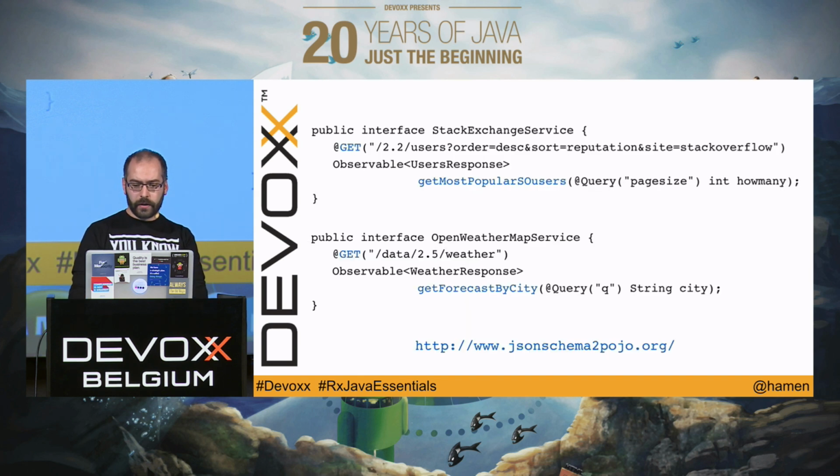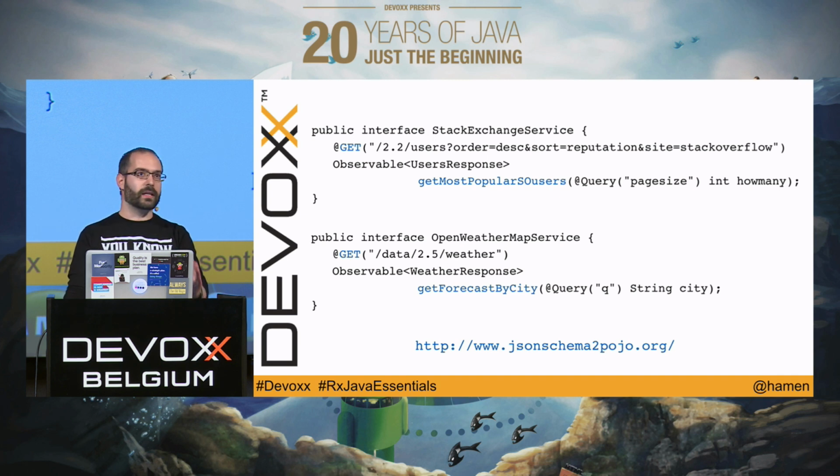So we have 2 interfaces that map the REST API. This is Retrofit 1.9, by the way. They have a new 2.0 version. I didn't have time to update the slides, but yes, you should try it because it's really cool. It solves a few issues that the stable version has. So we just mapped the REST API.